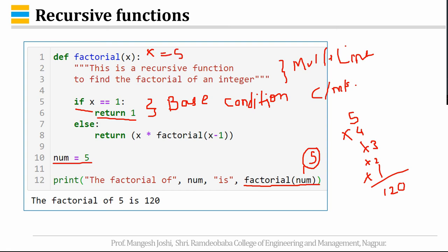First it will check the condition: if x equals 1, it will return 1 and the program will stop. Since the value of x is not 1, it will go to the else statement, and it will return x into a call to the same factorial function, x into x minus 1, meaning 5 into 5 minus 1.